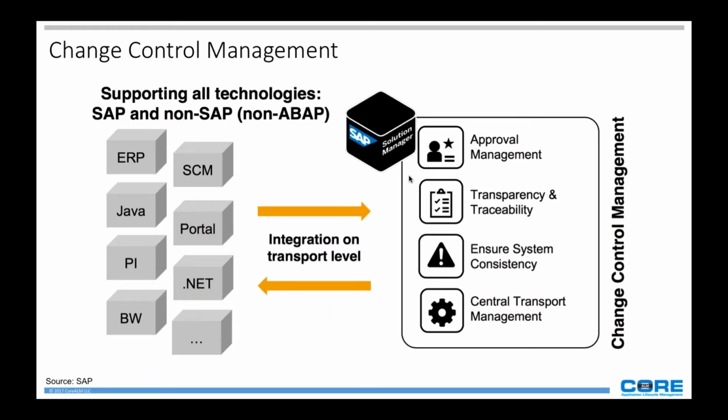Okay, and when we talk about change control management, because we have business requirements and IT requirements, eventually you jump into CHARM, because CHARM is the module in SAP that manages your deployments, right? So CHARM, as some of you may know, supports all ABAP systems and non-ABAP products out there.